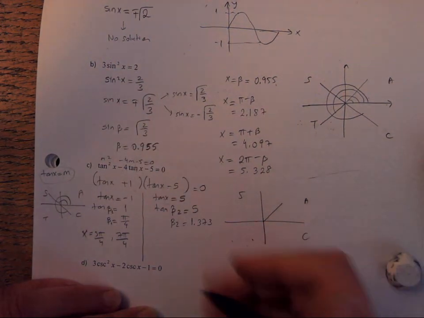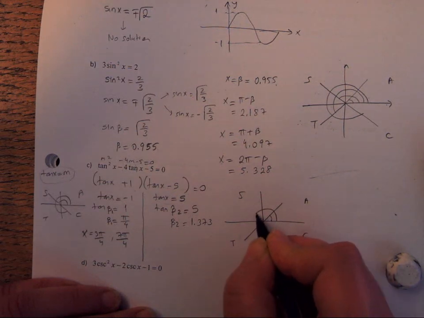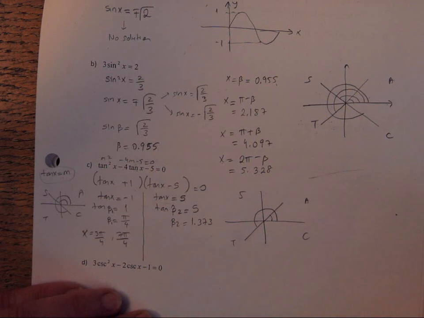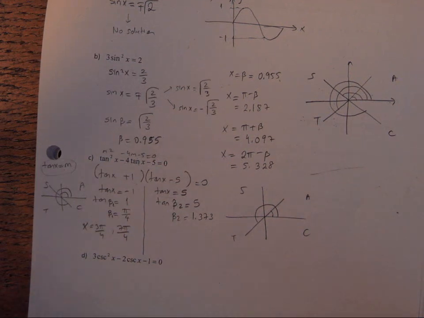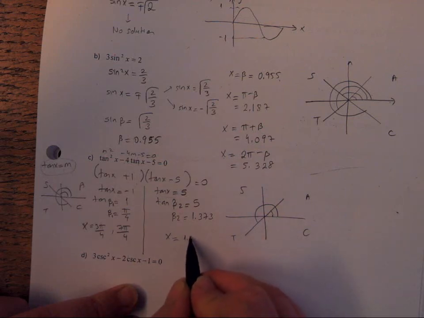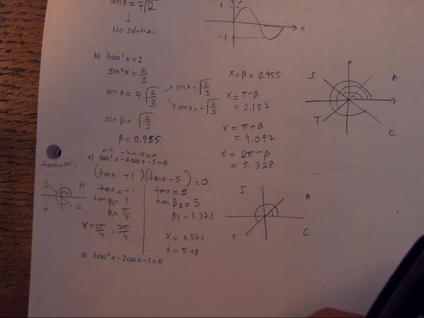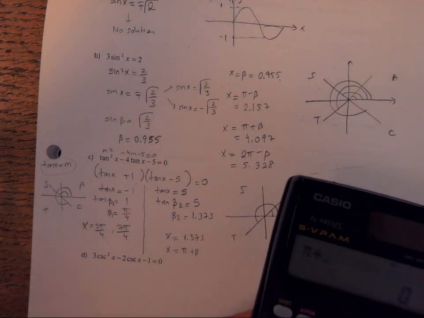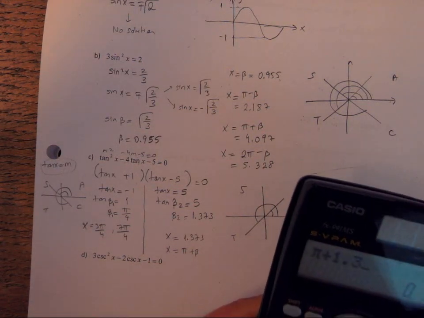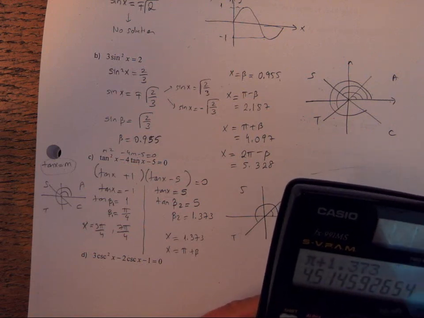Looks like quadrant 1 and quadrant 3. So x is going to be beta itself, which is 1.373, and the other one is going to be pi plus beta. So pi plus 1.373, we get 4.515.